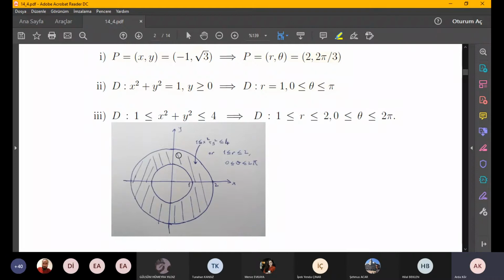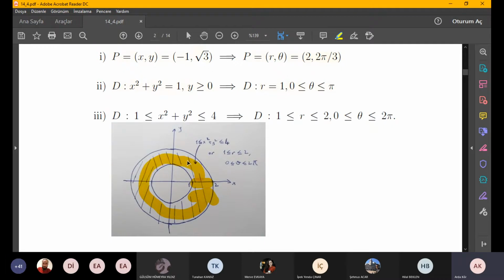You can define all the points on that shaded area in the polar coordinate system as r between 1 and 2, and theta between 0 and 2 pi.